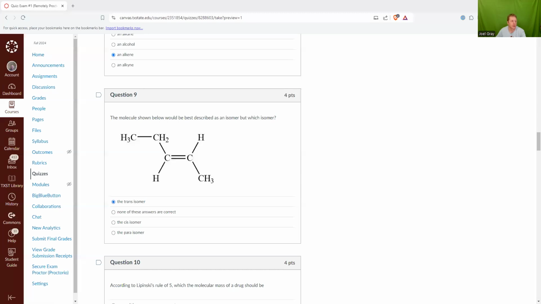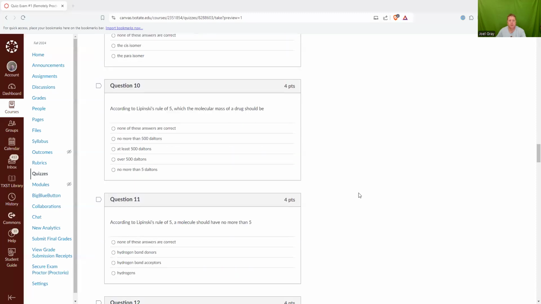That's question number 9. Now, number 10. According to Lipinski's rule of 5, the molecular mass of a drug should be. None of these answers are correct. Okay, we haven't looked at any yet, but let's go ahead and look at them.